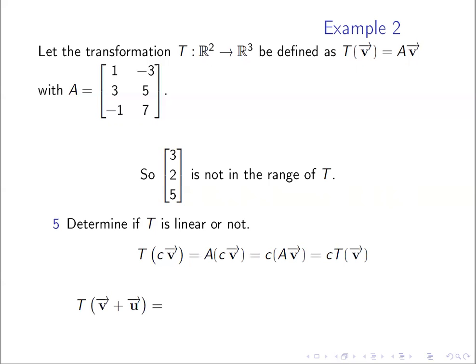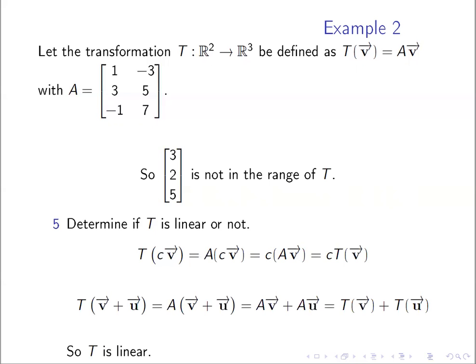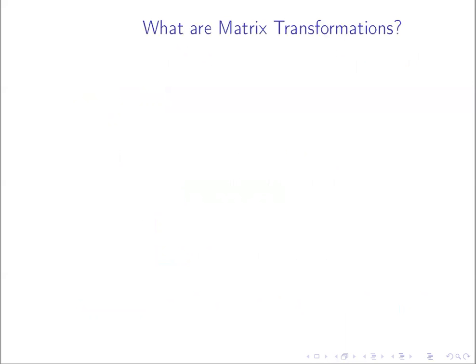Again, T of U plus V is just going to be A times U plus V. We know we can distribute the A, which is just T of U plus T of V. So it is linear. And in fact, this is where we can get some general notes.